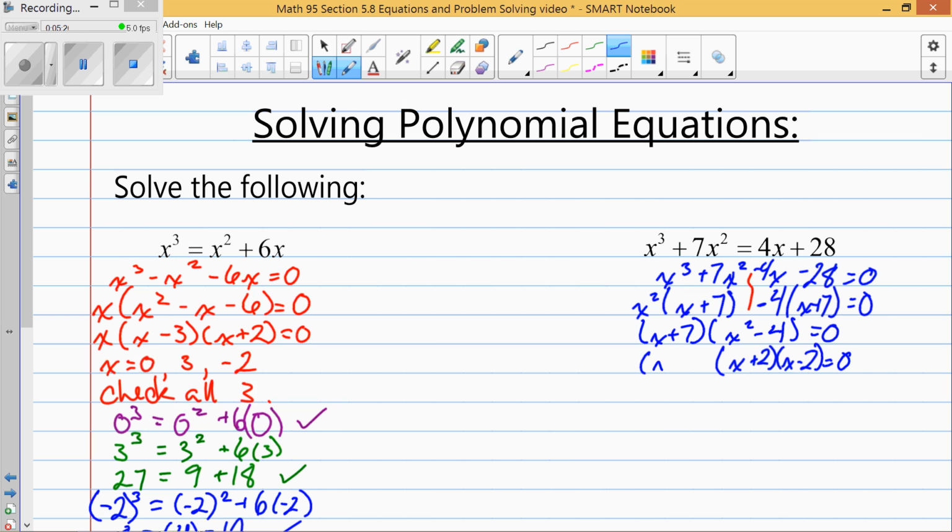But don't forget your x plus 7. So again, I'm going to have three factors here, three solutions. X equals negative 7, and also plus or minus 2. This is completely appropriate. You may indeed collapse your two solutions into a plus or minus. We will do so quite frequently.